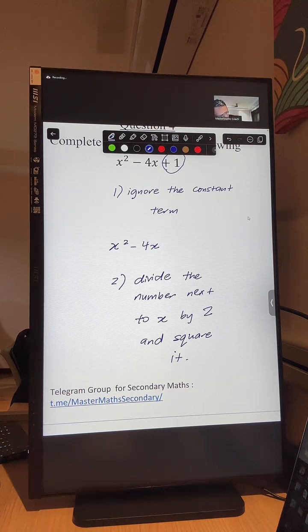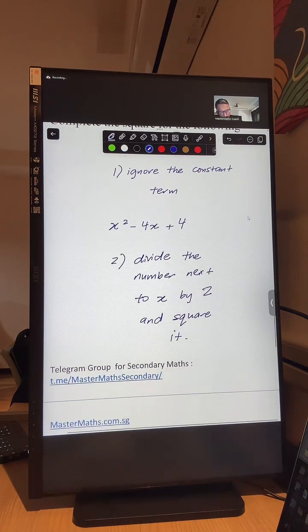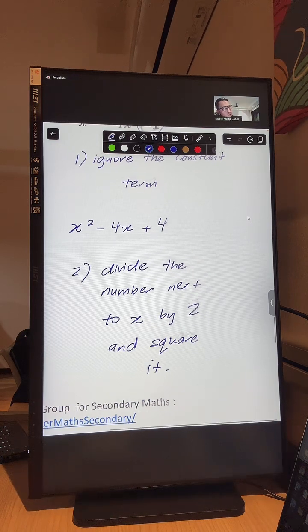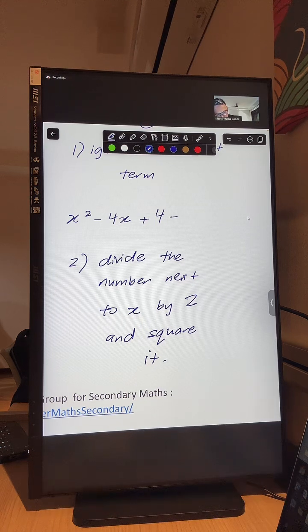I have to add the 4. But just as I add the 4, I have to minus away the 4. Okay? In case you all are blur, this is what I'm doing here. I'm solving the question.